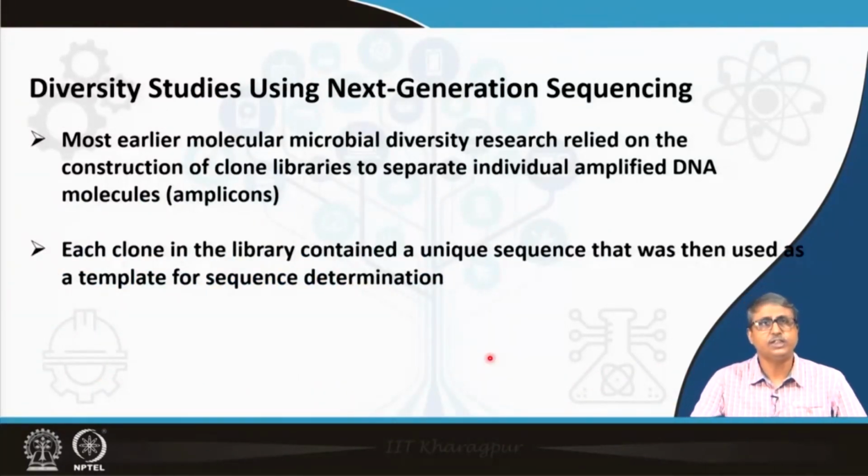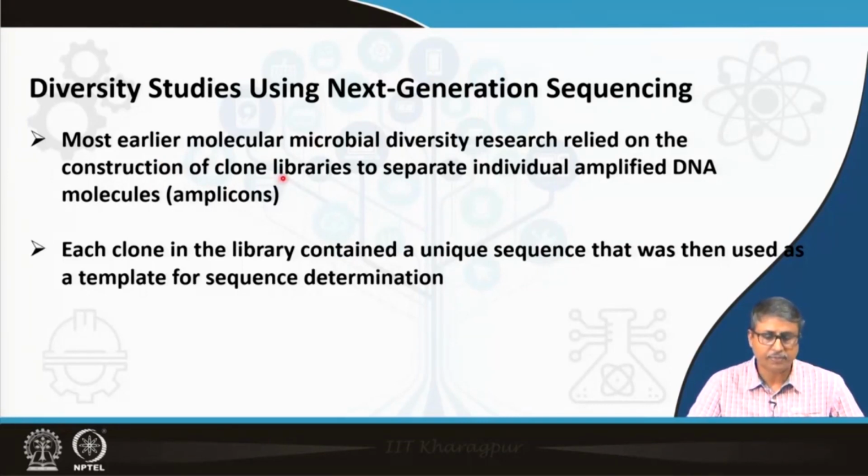Now, conventionally, before we started with next generation sequencing, most of the molecular microbial diversity methods implemented to decipher the community structure in different environmental biotechnology processes relied heavily on the construction of clone libraries.